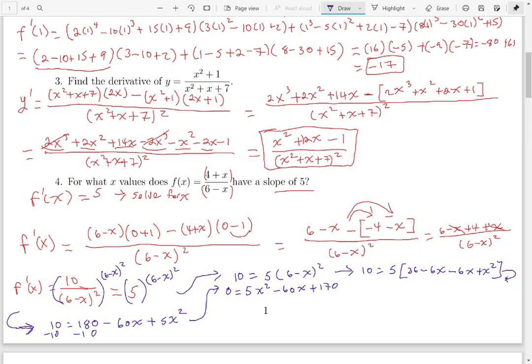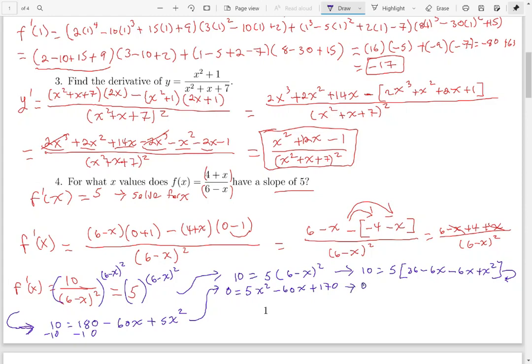Then I have a quadratic. Now, I've played a few tricks with quadratics before, and I'm going to do it again. I'm going to make my life easier because I notice that there is a greatest common factor between all three of these terms that I can factor out. And if I factor it out, because I have this 0 divided by that greatest common factor, as long as there's no variable there, it will create a nicer trinomial that I can deal with. So let's factor it.